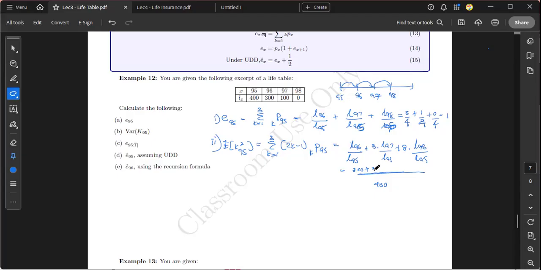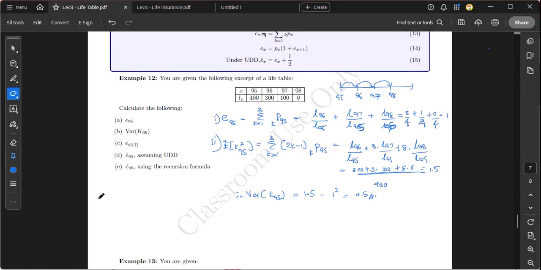And for this one, it's 3 times 100, 8 times 0, which is 1.5. And now we can find the variance of this current random variable as 1.5 minus 1 squared, which is 0.5.